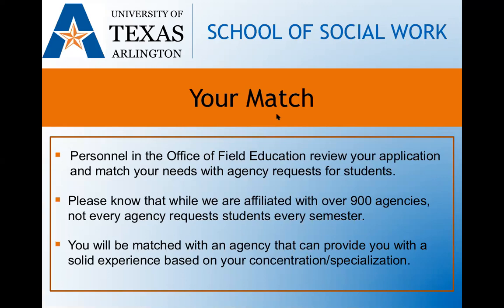They try to do a good job of matching you geographically. For example, if you live in Plano, they will hopefully not give you a placement in Cleburne, but in general, they will work with you to find a placement that matches your needs.